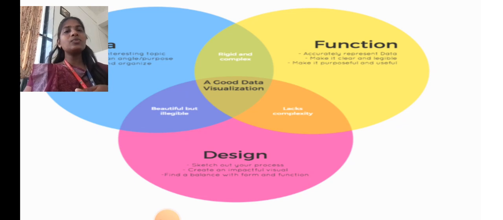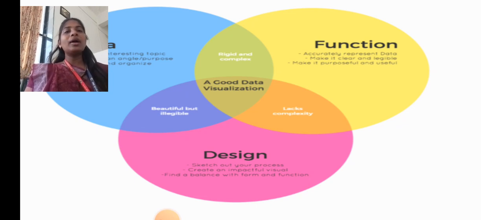First, we sketch out our process, presenting the functioning part of the data in a sketch. Second, create an impactful visual. If customers see that output, it should make an impact on them, and based on that we frame the data.